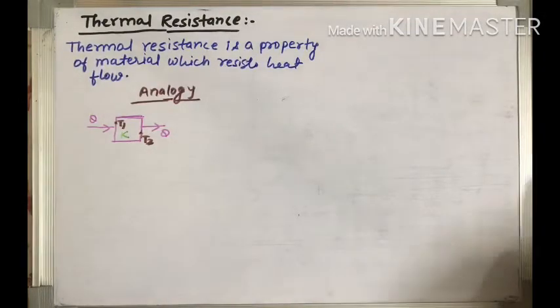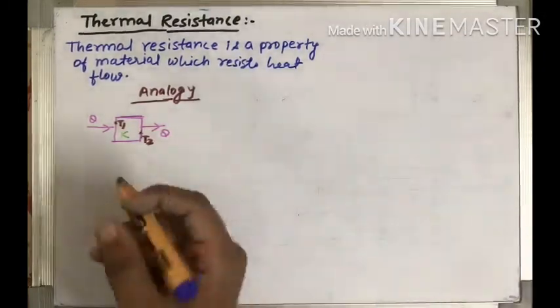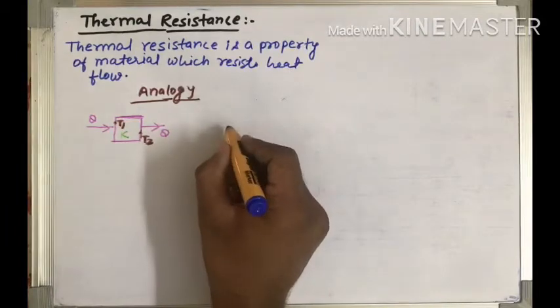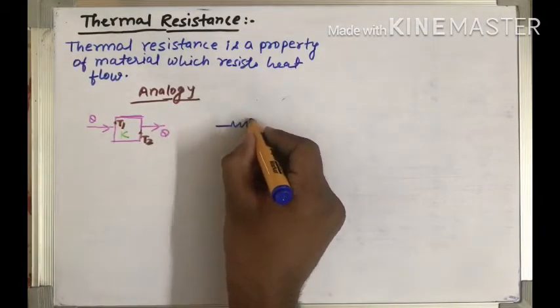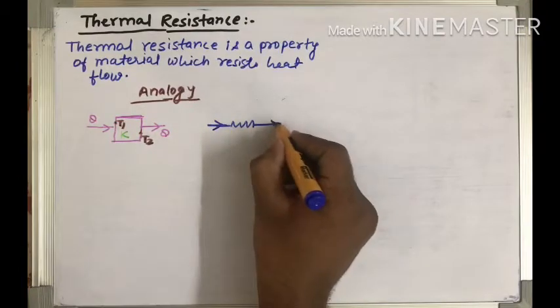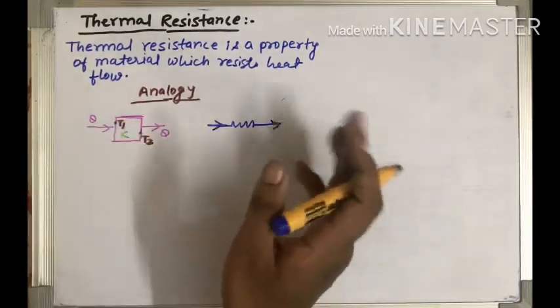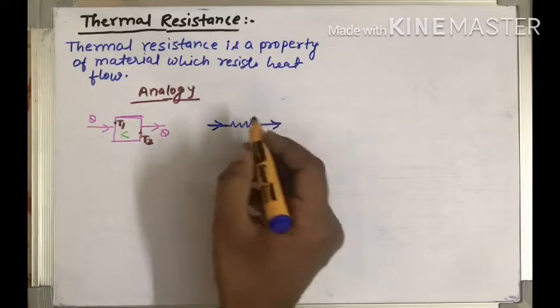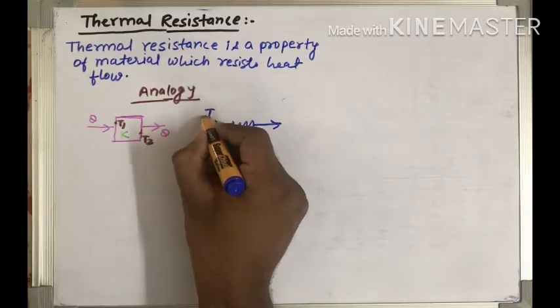Now, if we take the electrical circuit, you have generally seen electrical circuits shown in this way. Suppose the current is flowing through the wire, so it can be represented in this way. There is a current which is flowing.